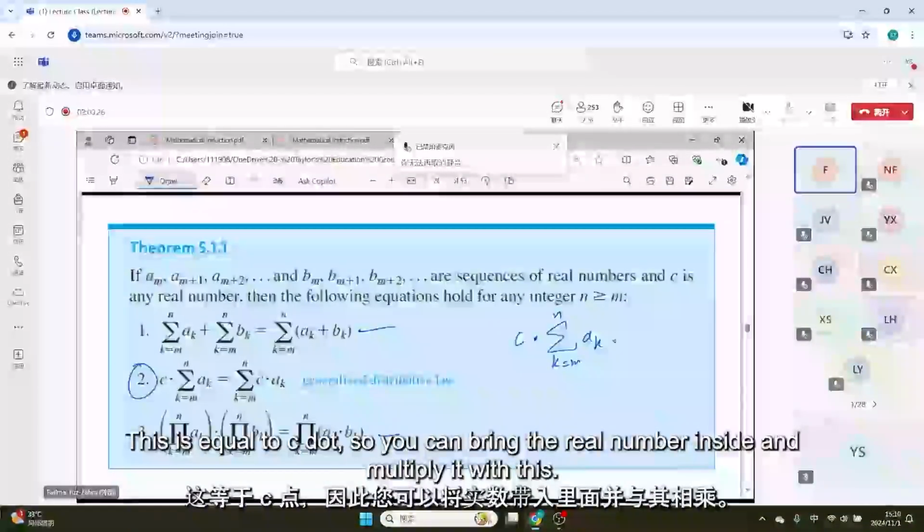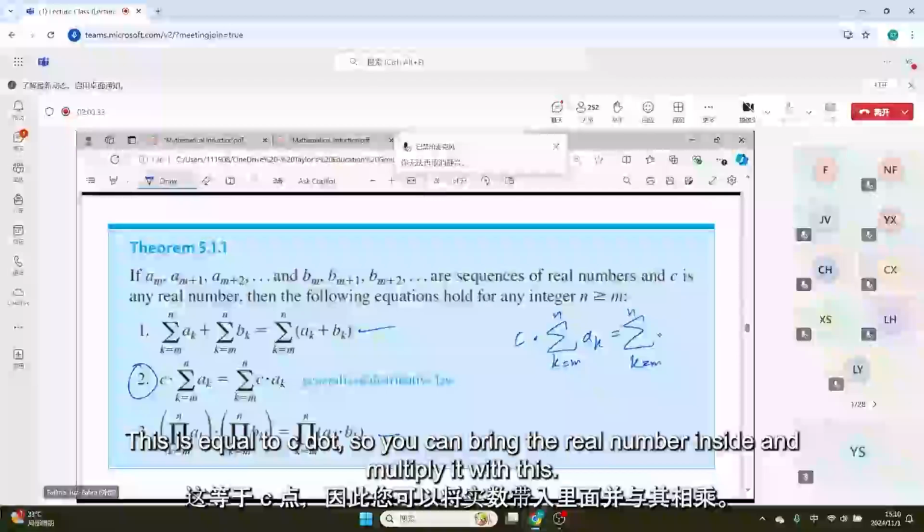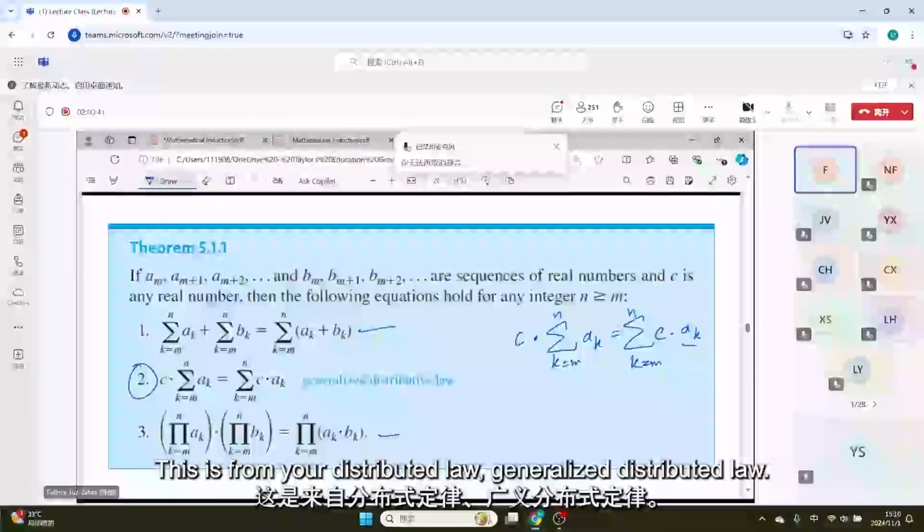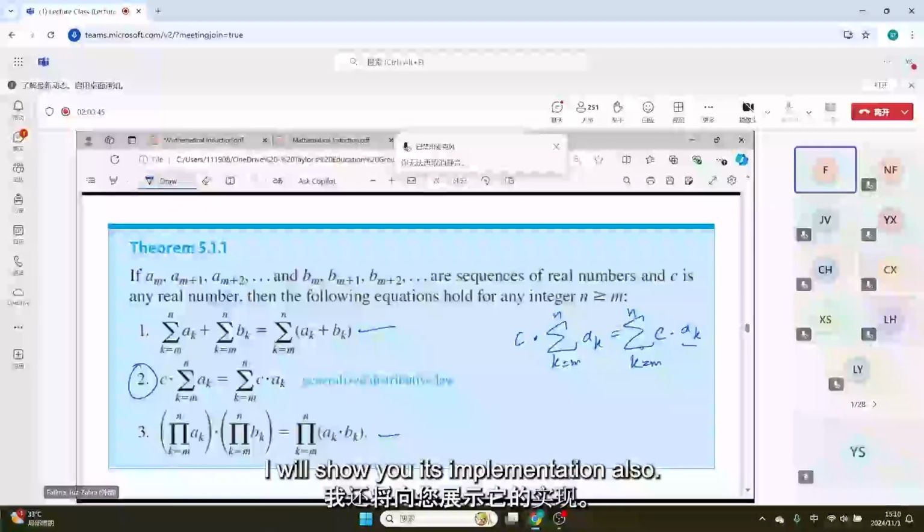This is equal to c dot. So you can bring the real number inside and multiply it with this. Okay, this is from your distributive law, generalized distributive law. Okay, so I will show you its implementation also.